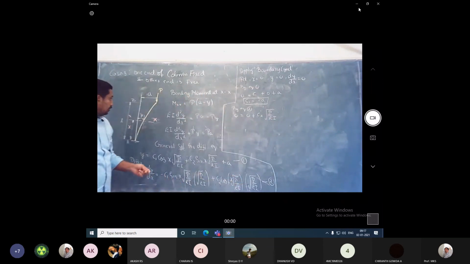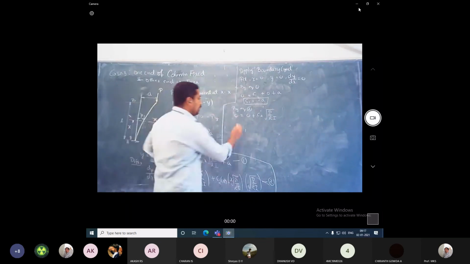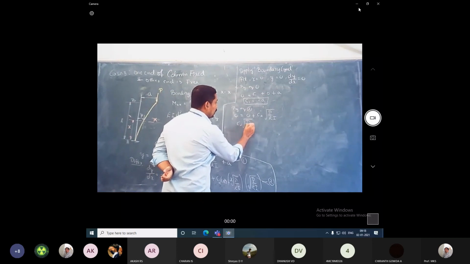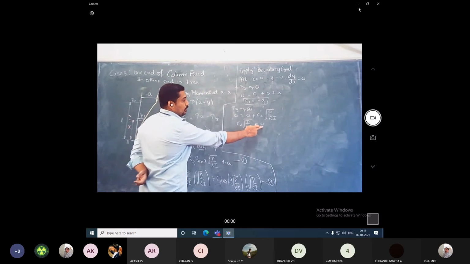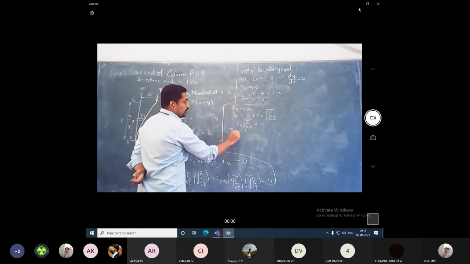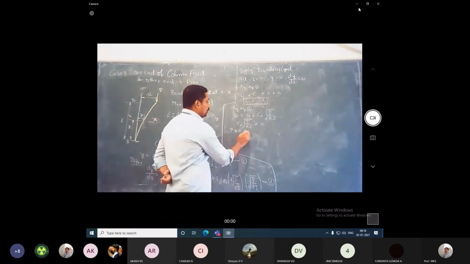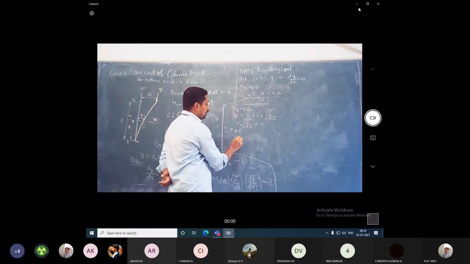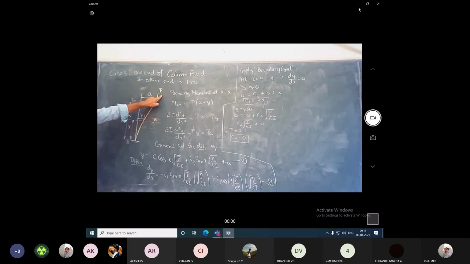Okay. So now I want to find the buckling load or Euler load. So this load cannot be 0 here. So c2 into root of P by EI will be equal to 0. So P cannot be equal to 0, since I want to find P. Therefore, since P cannot be equal to 0, c2 will be equal to 0.